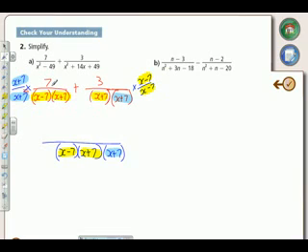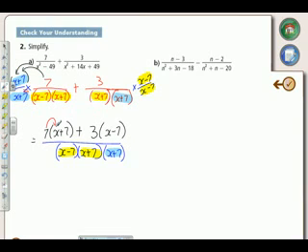And now expand your numerator. If you can, from right now, you can go ahead and distribute that in. If you want to rewrite it one more time, go ahead. I'm going to rewrite it one more time. 7 times x plus 7 plus 3 times x minus 7. Distribute it in.